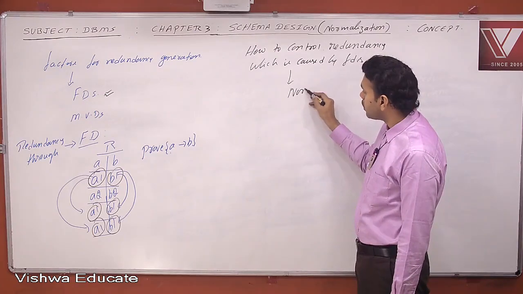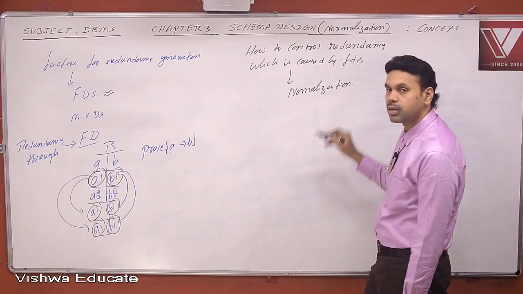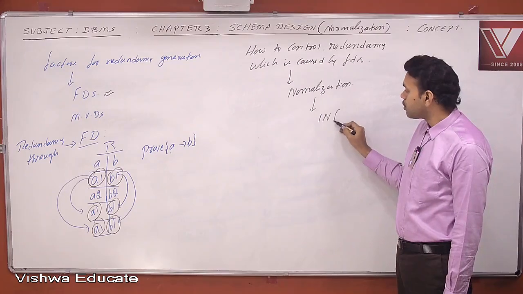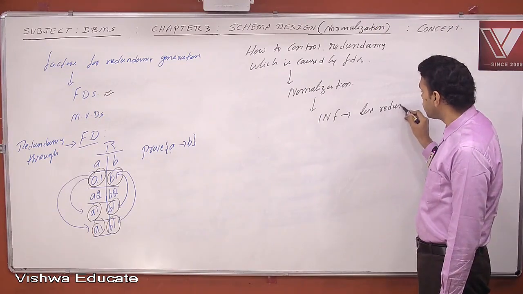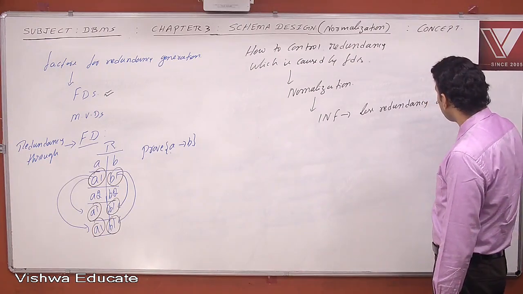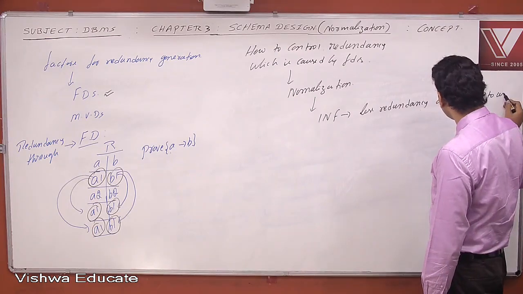The only one, what is that? Normalization. So first normal form has less redundancy as compared to unnormalized.